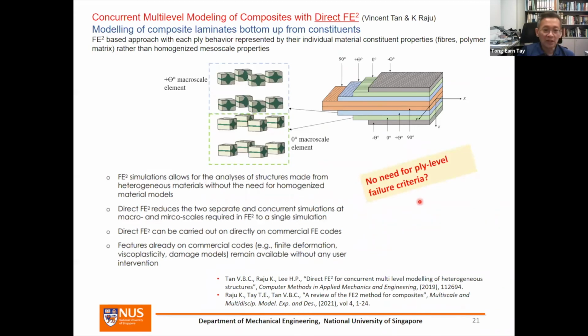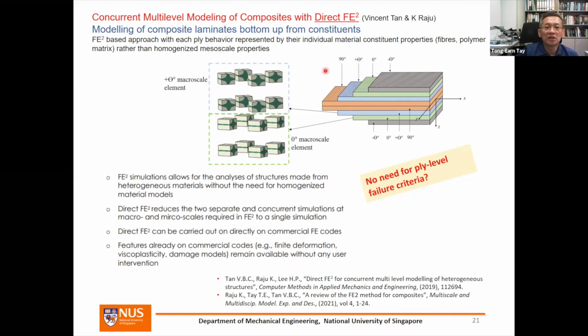I'd like to talk a little bit about FE squared. I have not much time to talk about this. Essentially, my colleague Vincent has proposed a technique called the direct FE square.